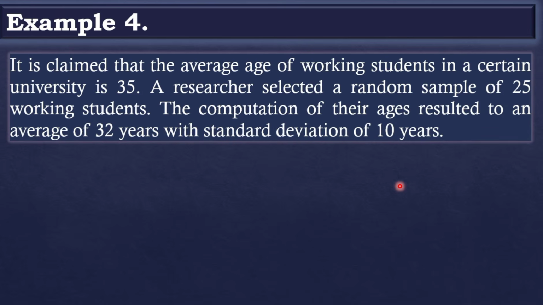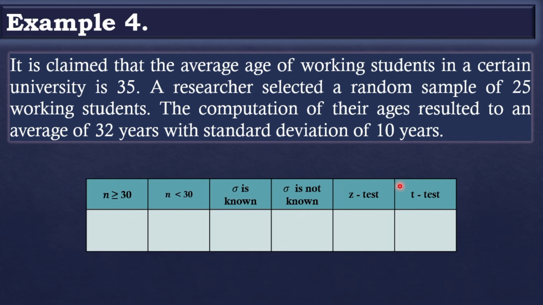Okay, for example number 4, it is claimed that the average age of working students in a certain university is 35. Researchers selected a random sample of 25 working students. So the computation of their ages resulted to an average of 32 years with standard deviation of 10 years. So what do you think? Ang sample size natin is 25. So yung n natin is less than 30. And then, given ba yung population standard deviation?